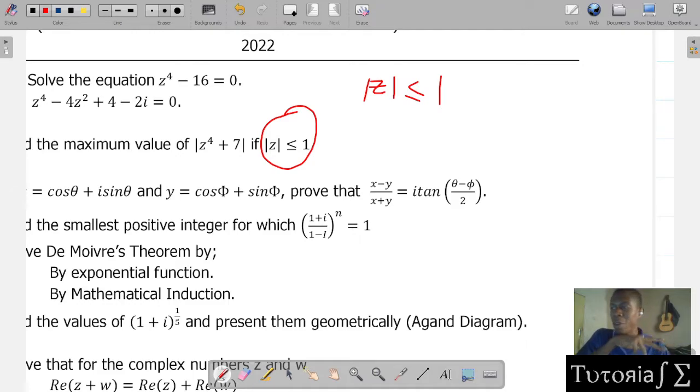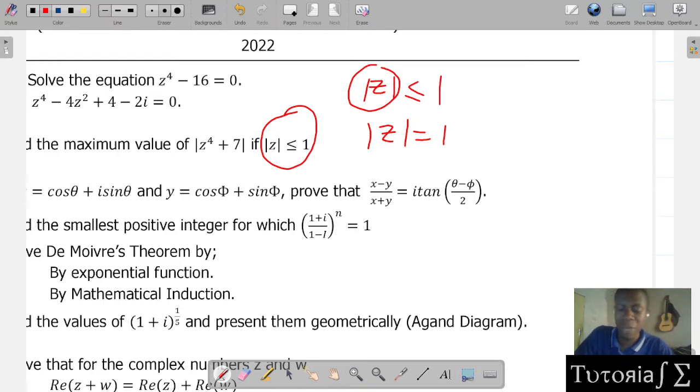Now the question I'm going to ask you is, what value of z modulus is greater when we look at this? What is the maximum of this inequality? Okay, so the maximum is when z modulus is equal to 1. So that is the maximum of this inequality, because they are saying z modulus can only be equal to or less than.